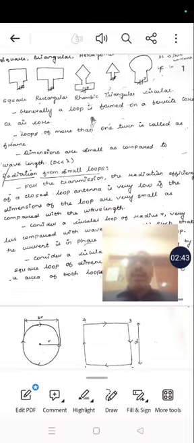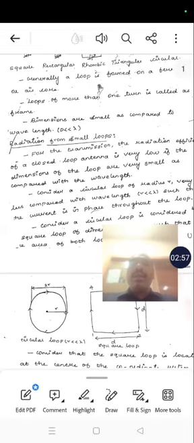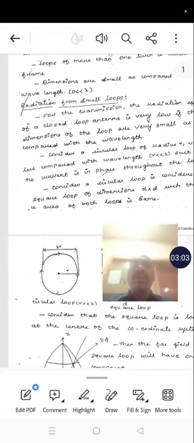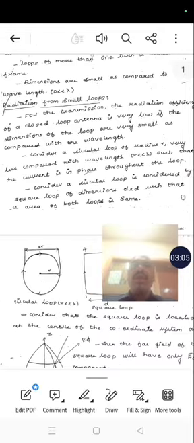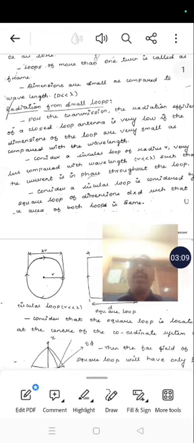The second one is that the wavelength dimensions are small compared to the wavelength, for example d is less than or equal to lambda, where lambda is the wavelength. The radiation efficiency of a closed loop antenna is very low if the dimensions of the loop are very small compared with the wavelength.